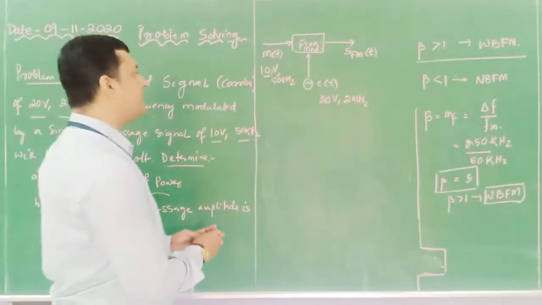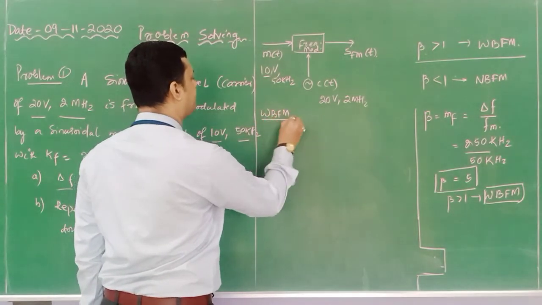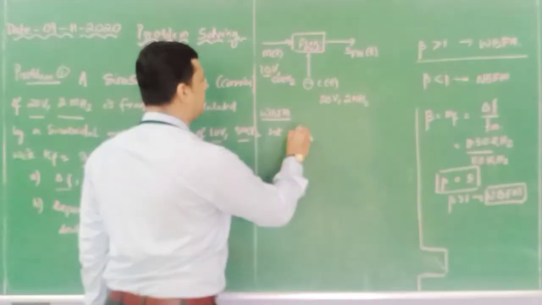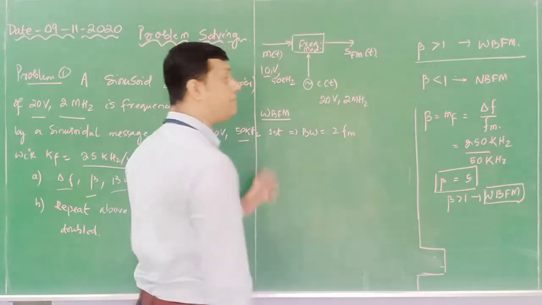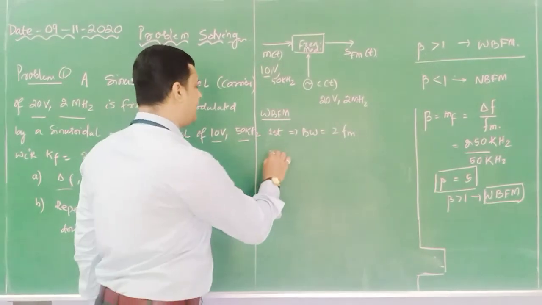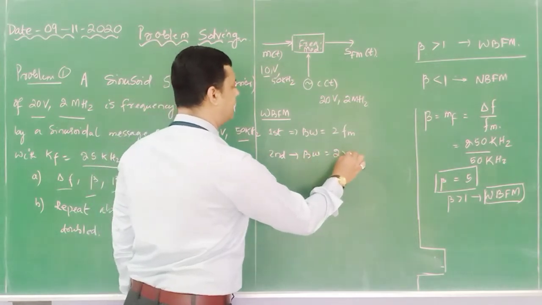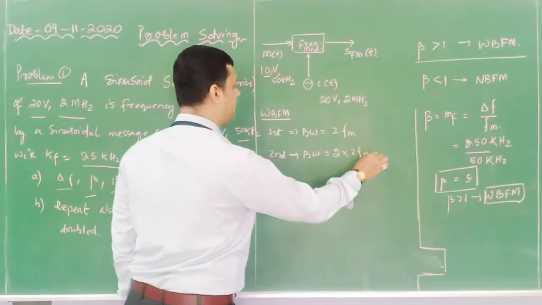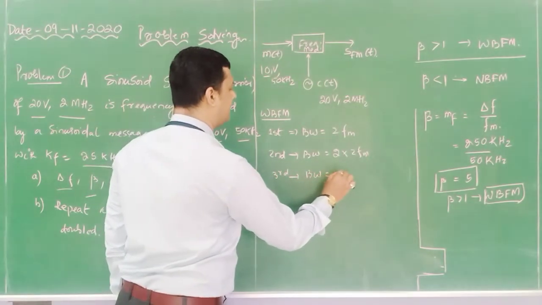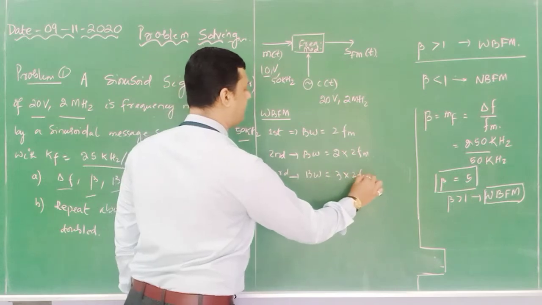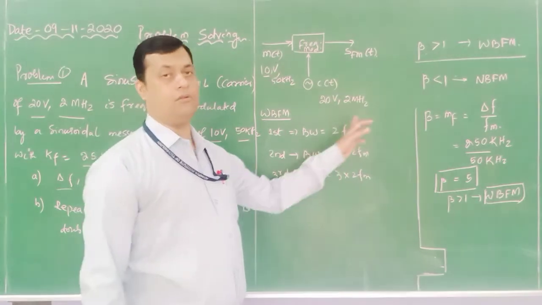In a WBFM signal, if it is first order, your bandwidth is equal to 2fm. If it is second order, your bandwidth is twice into 2fm. If it is third order, it is 3 into 2fm. Like that, for nth order, it becomes n into 2fm.